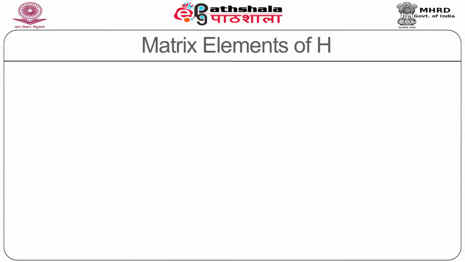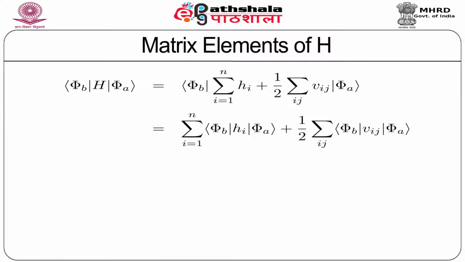We now proceed to calculate the matrix elements of the Hamiltonian in the single electron basis. As we have already discussed, since the Hamiltonian consists of two terms, the single particle term and the two particle term, the matrix element also consists of two terms, one involving the single particle operator, another involving the two particle operator.